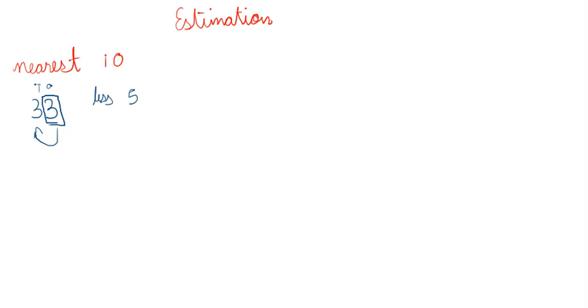Whereas if the number in the ones place is more than 5 or equal to 5, then you will have to increase your tens digit by 1. So in this example 33, our ones place is less than 5, which means our tens place will remain the same, and instead of writing 3 in the ones place, you will replace 3 by 0.